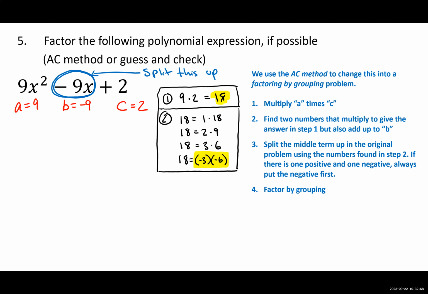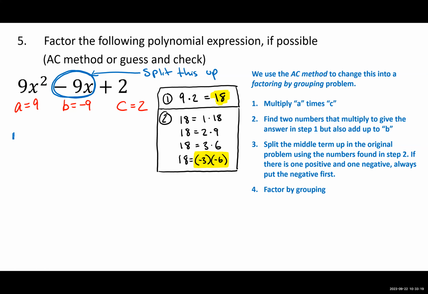They have to multiply together to give you AC, and they have to add up to B. Those are the 2 numbers we have to use if we want to factor completely. Those are the 2 numbers we're looking for to take that middle term and split it up.